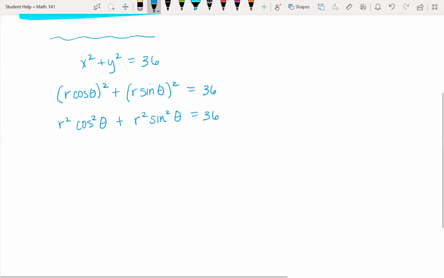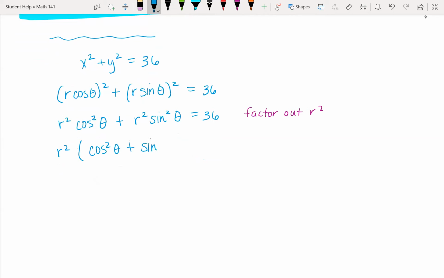And then I'm going to factor r squared out to the front. I'll have r squared times cosine squared theta plus sine squared theta equals 36.